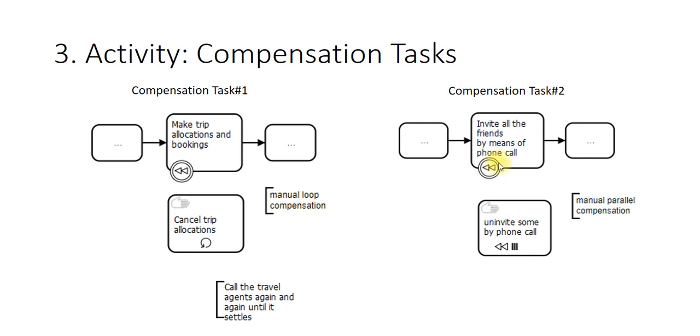But if somebody decides that let's not invite anybody, then the compensation kicks in, where a manual parallel compensation happens of uninviting some by phone call. So that is the manual parallel compensation, which is indicated just below the compensation task.